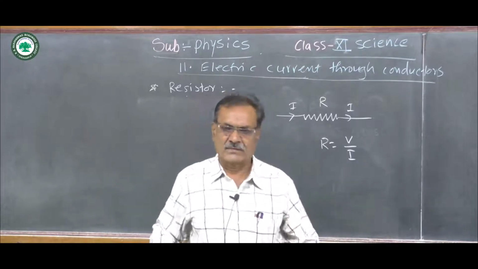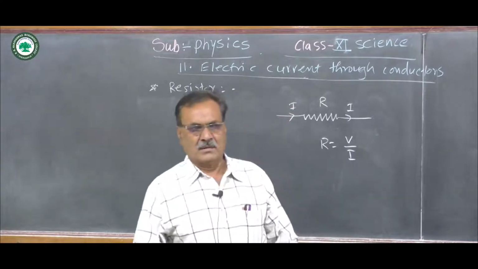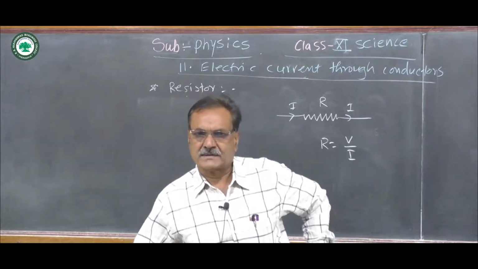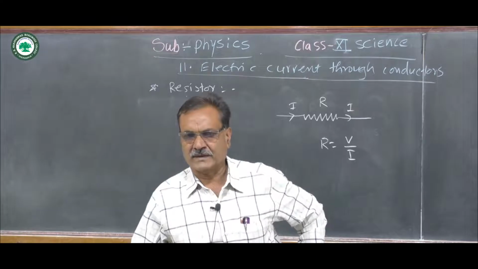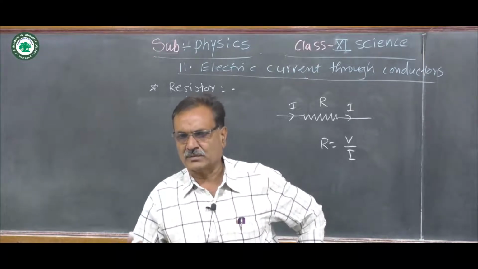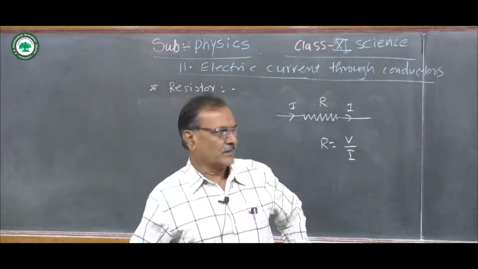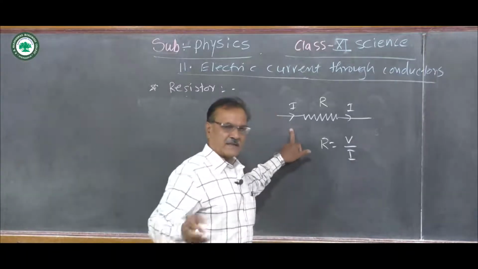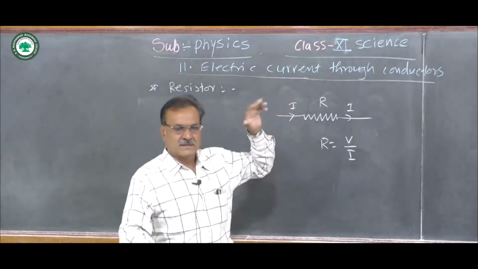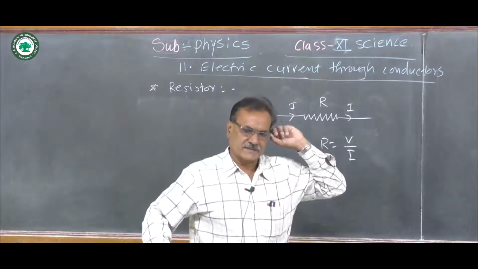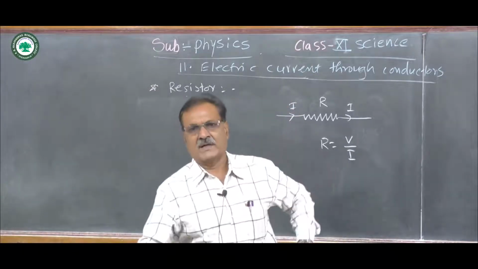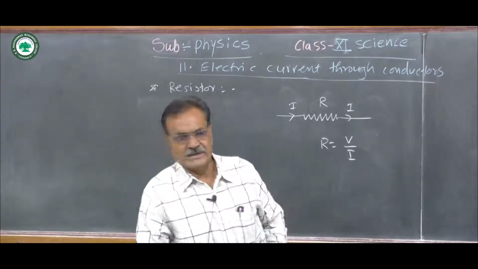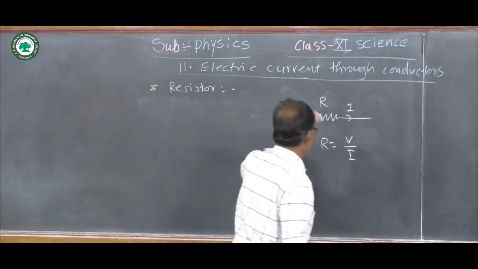So, there are a number of different values, from 1 ohm to 1000 ohms. Now, the resistor is connected in series combinations and in parallel combinations, and now we find out their equivalent resistance across these combinations. So, we shall study one by one.